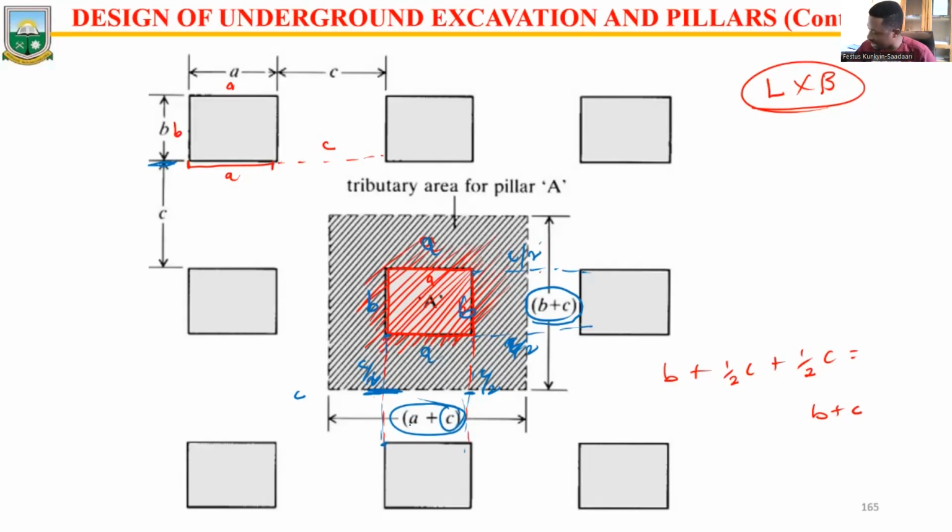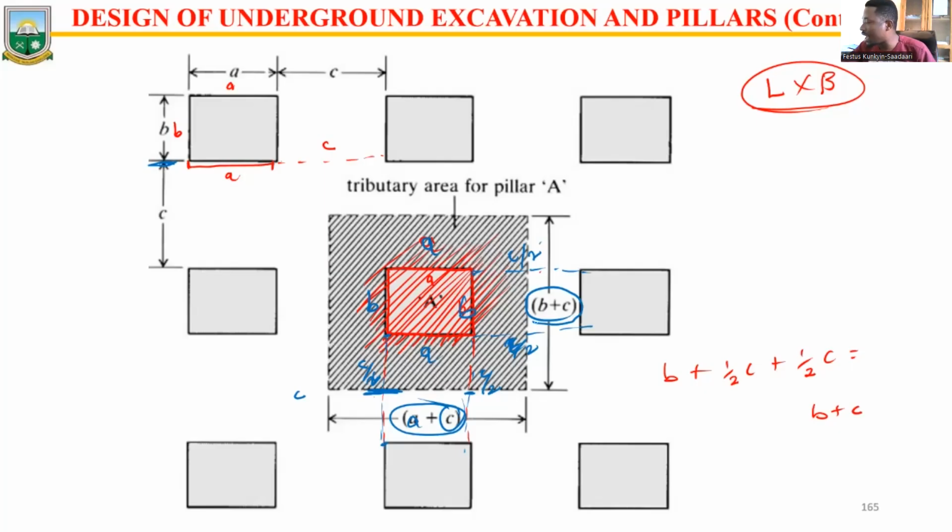So this A here is representing the length of the pillar, and the C here is representing the length of load it is taking as extra, sharing with the other pillar next to it in that direction.